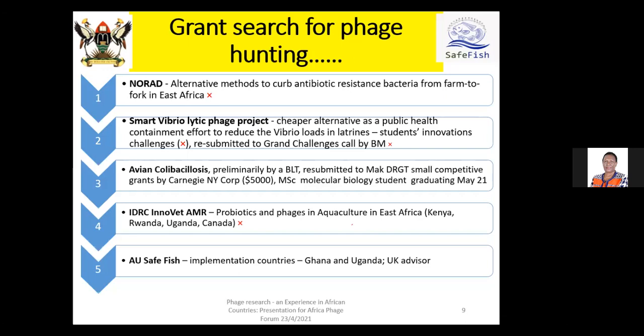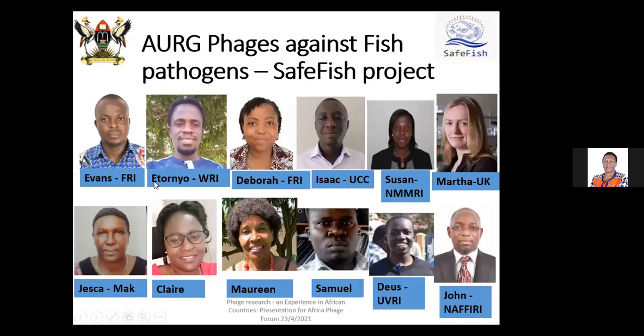So we ended up working on production diseases, and I think amongst themselves they met and probably realized that I was better fitted to be the PI, and we had to push this proposal through. Fortunately, we were funded. We have institutions from Ghana and Uganda involved, and we also have Martha as the UK advisor. This is the team on the Safe Fish Project, the African Union Phages Against Fish Pathogens Project. We short-named it Safe Fish.